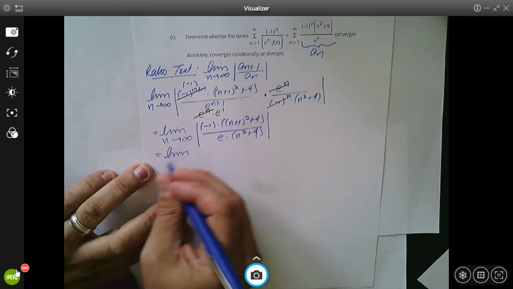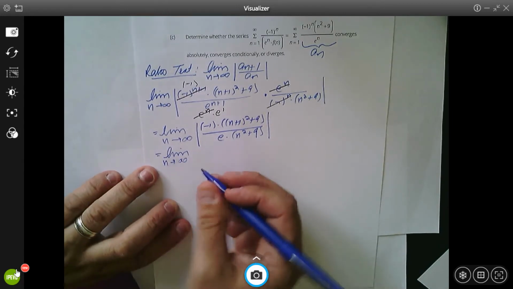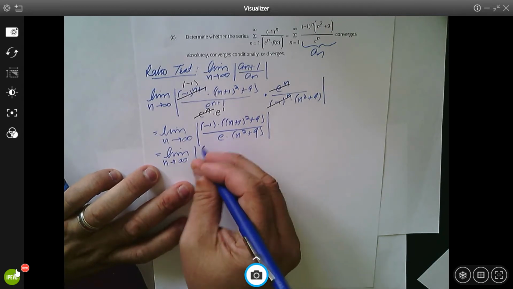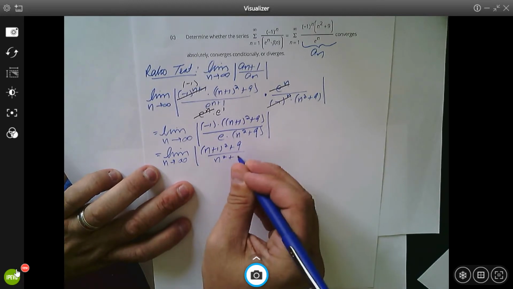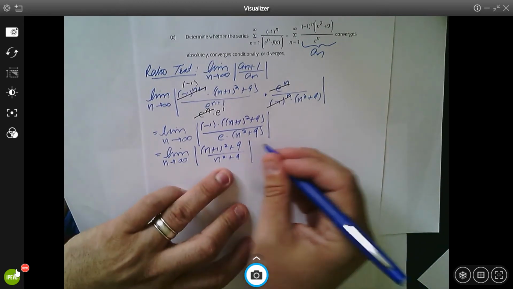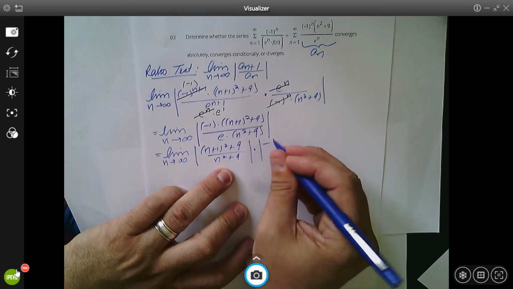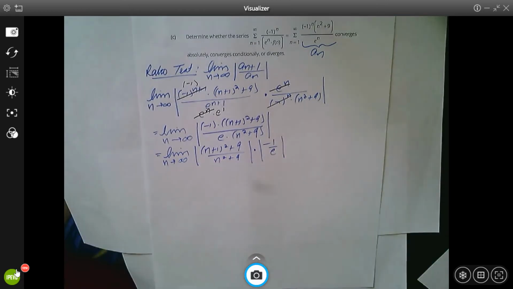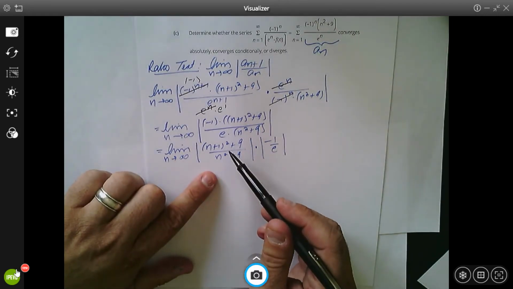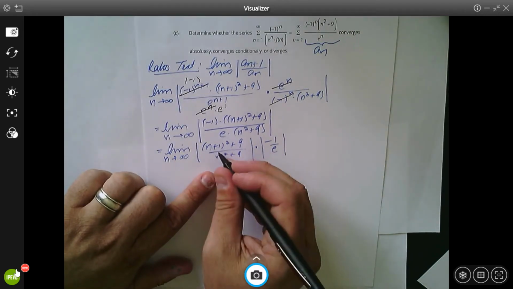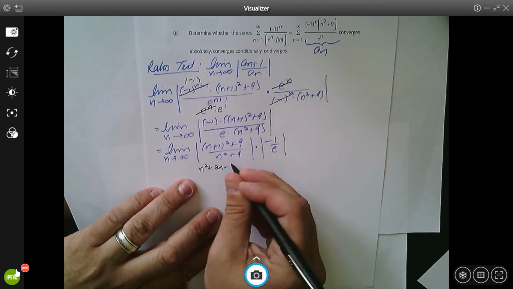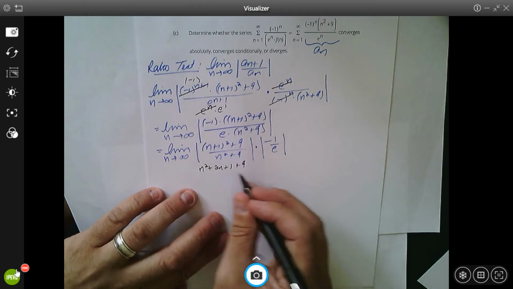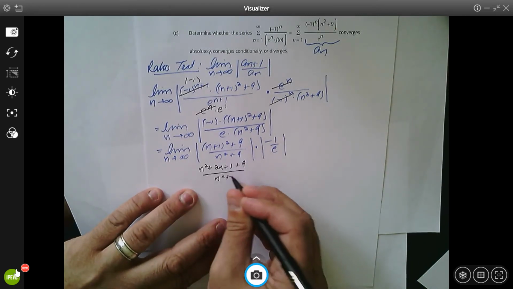So I'm going to take the limit as n approaches infinity, n plus 1 squared plus 9 over n squared plus 9 times the absolute value of negative 1 over e. Now, depending on how you see this, n plus 1 squared plus 9, you might want to expand that to make it n squared plus 2n plus 1 plus 9 over n squared plus 9.